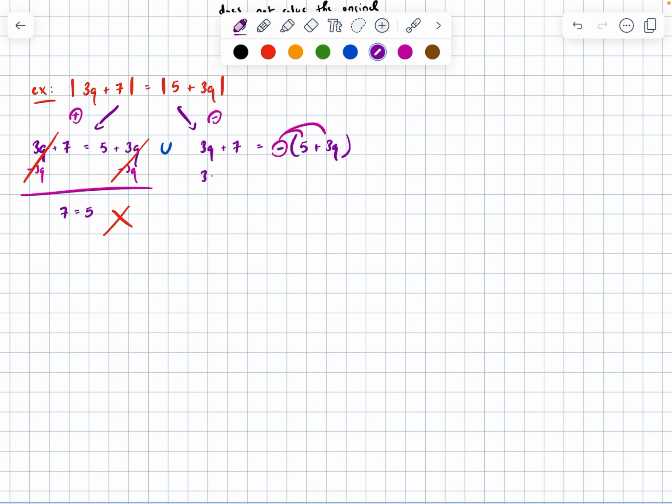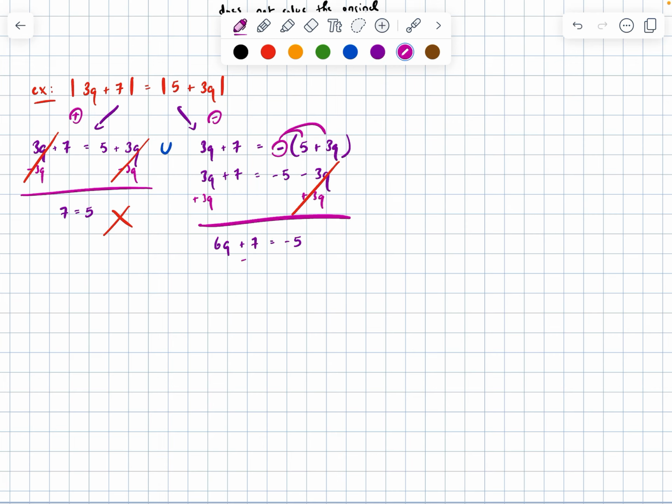Well, I've got 3q plus 7 equals negative 5 plus 3q. First thing I probably want to do is get rid of those parentheses. So I'll distribute my negative sign. I've got 3q plus 7 is equal to negative 5 minus 3q. Here, maybe I'll add 3q to both sides, and notice this isn't actually going to give me a problem.